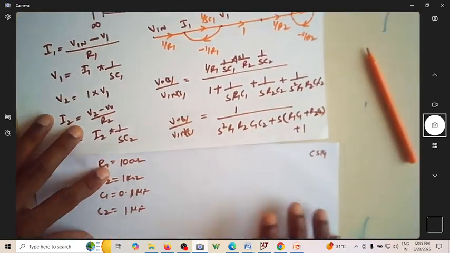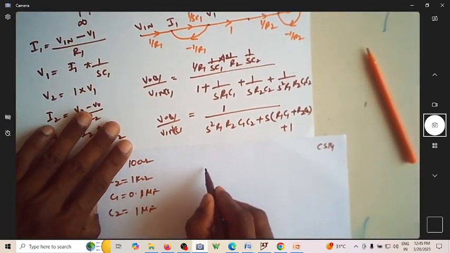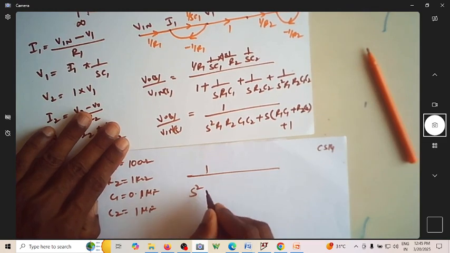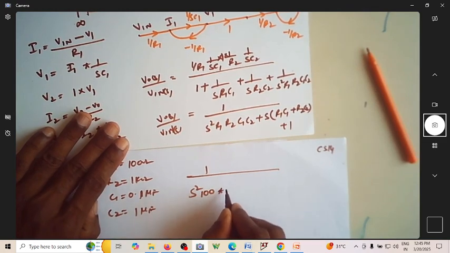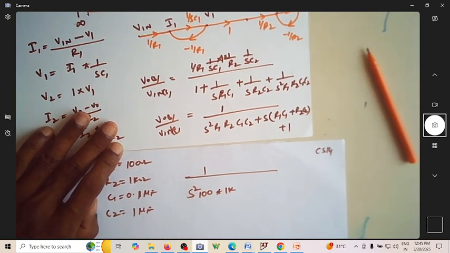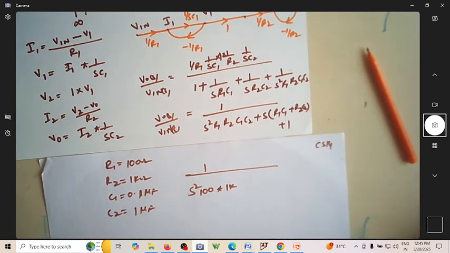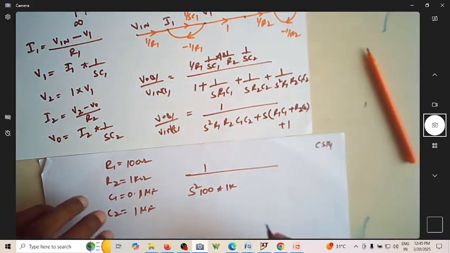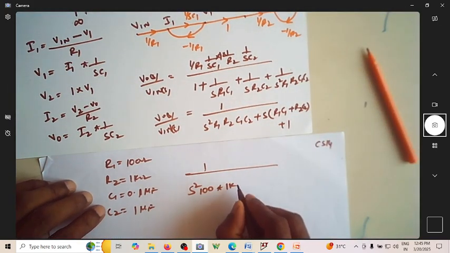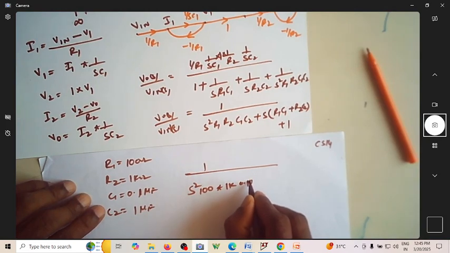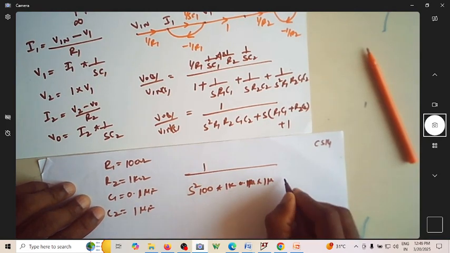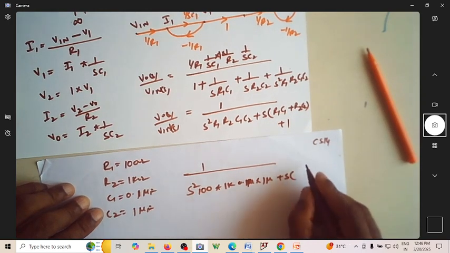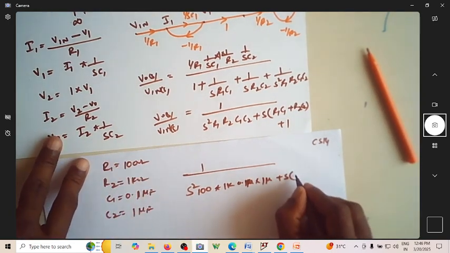If you substitute these values, this will become 1 over S square, 100 into 1k into 0.1 micro into 1 micro, plus S into, how much is R1?